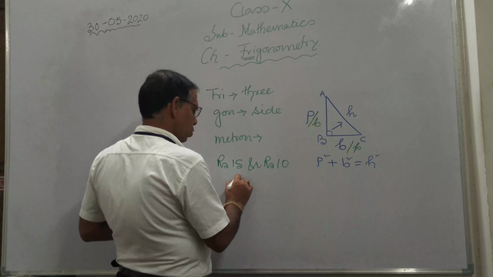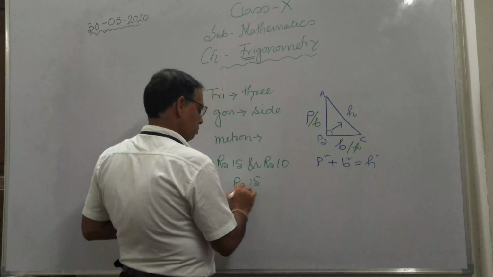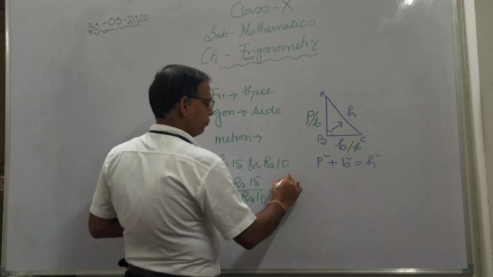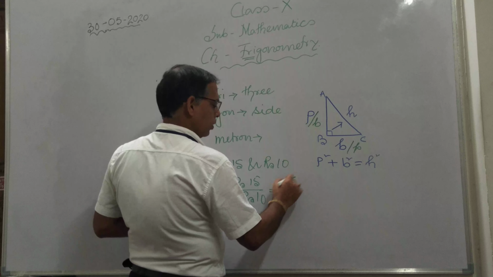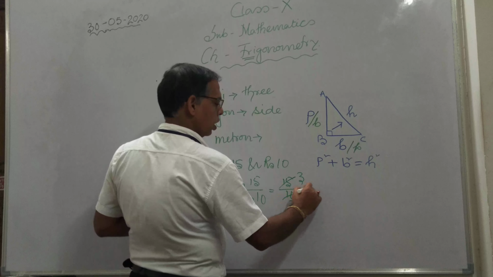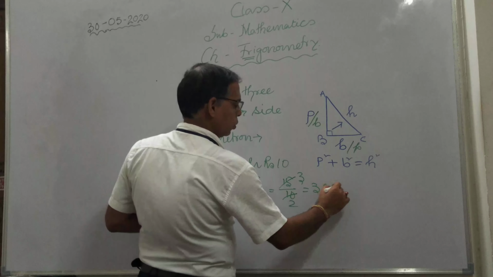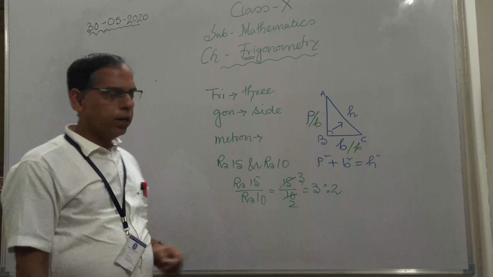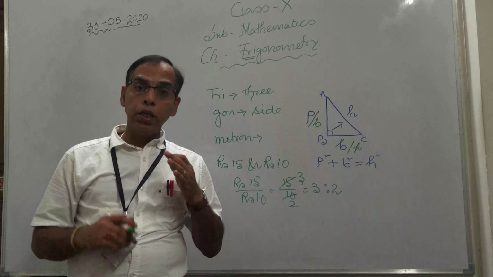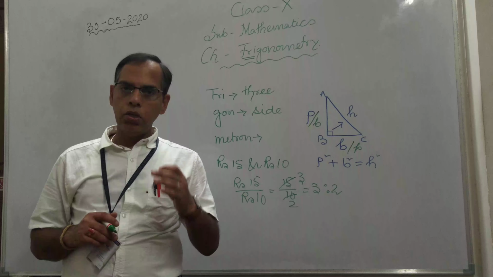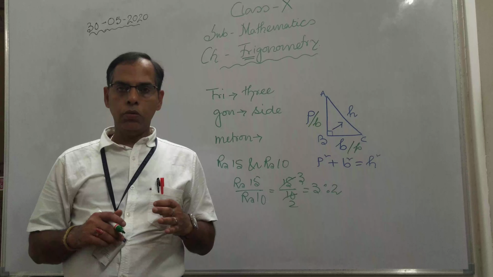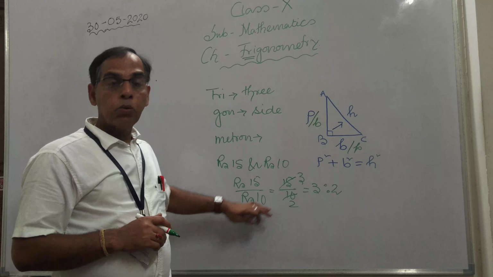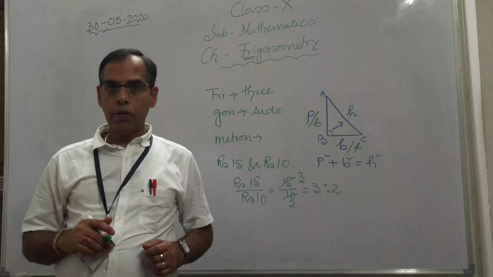Rupees 15 by rupees 10 is equal to 15 by 10, that is 3 by 2, equal to 3 is to 2. Okay? So this is the ratio. Now trigonometric ratio. But what is the application of ratio here?